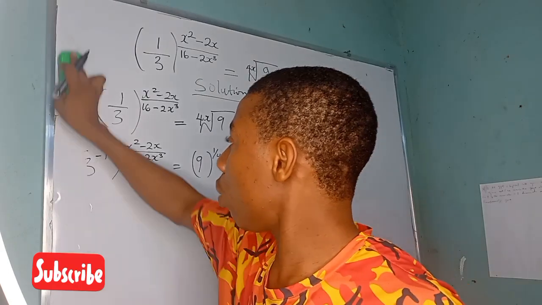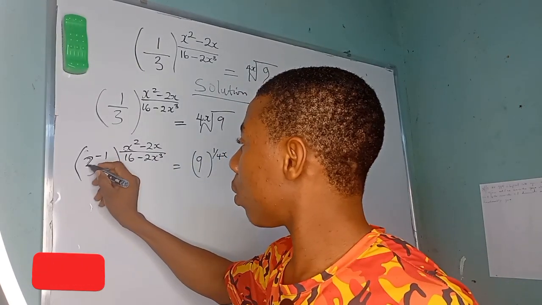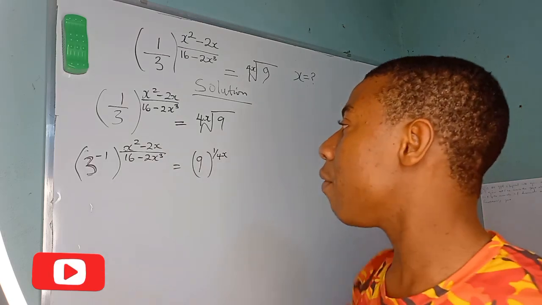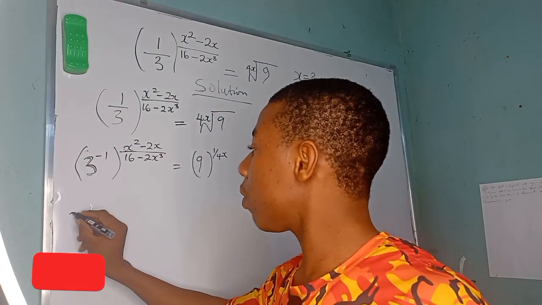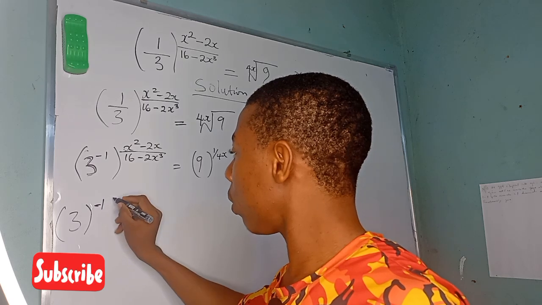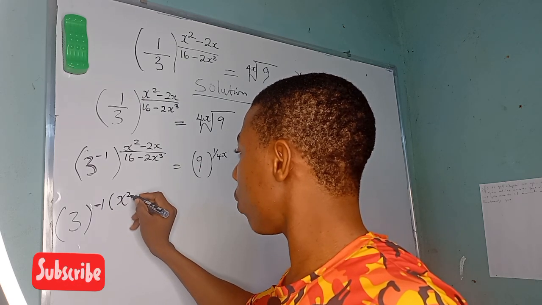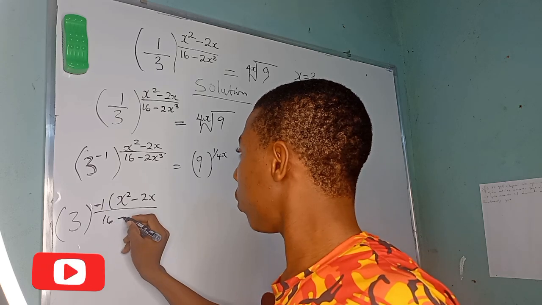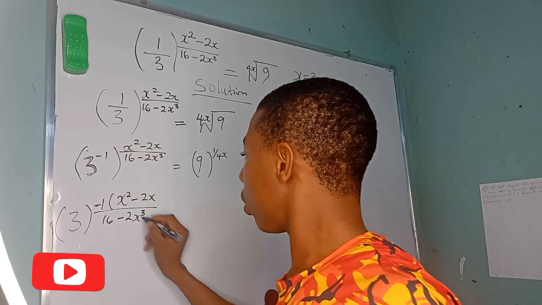So what we are going to do is use this power to multiply everything in the numerator. We have 3 raised to power minus 1 times (x squared minus 2x) all over (16 minus 2x cubed).